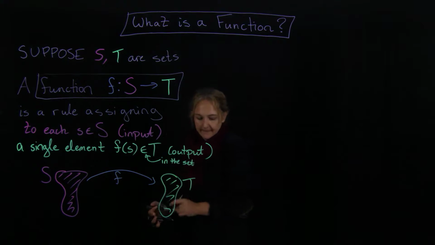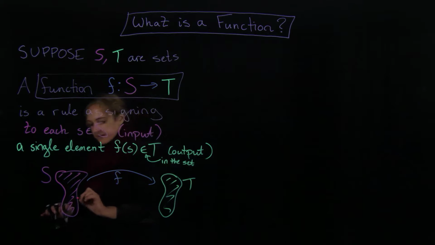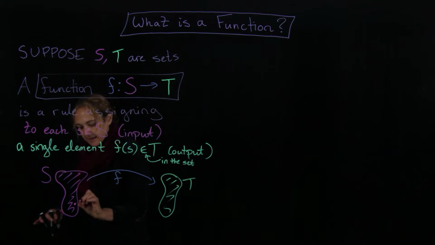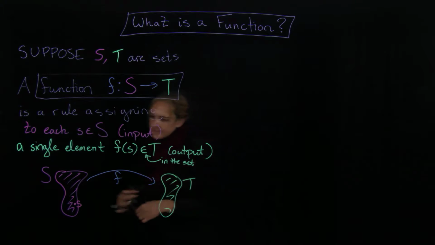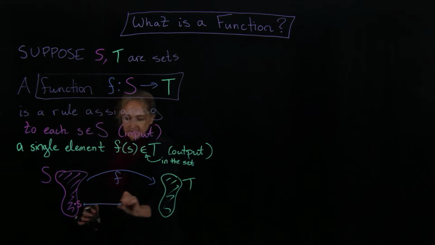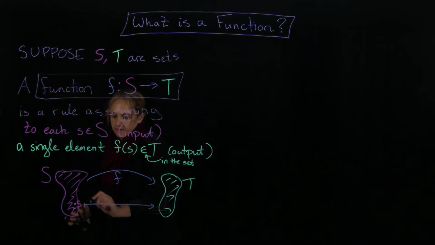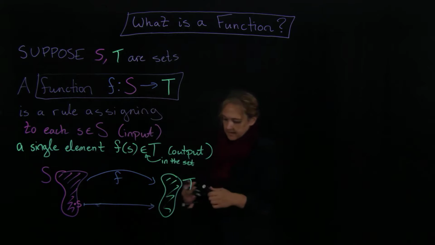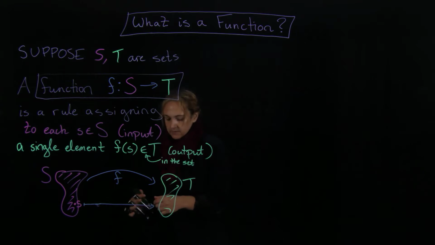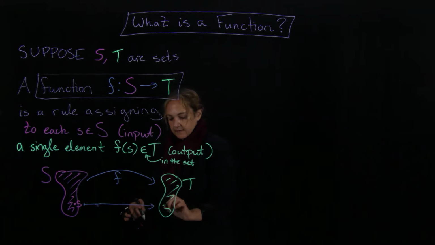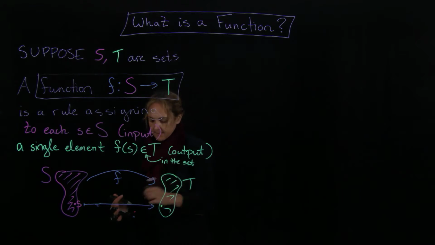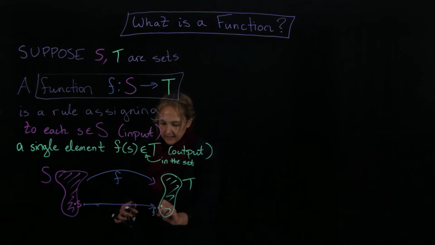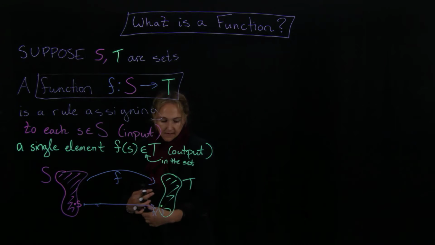In that picture, I had this element s, and what happens to that element s is that this map f, in the way we notationally write it, is with a little vertical line and then an arrow, and what it goes to is an element of here, and that's going to be this element f of s.